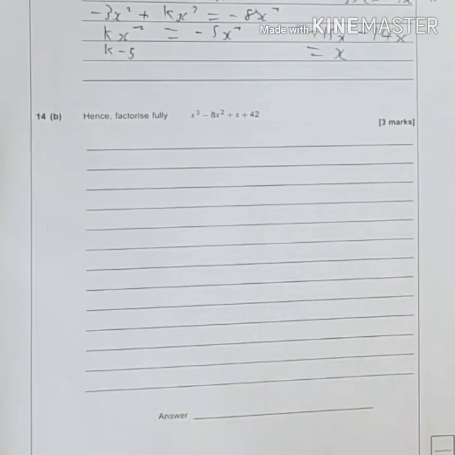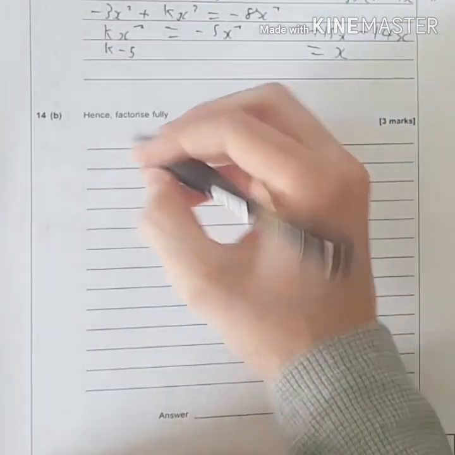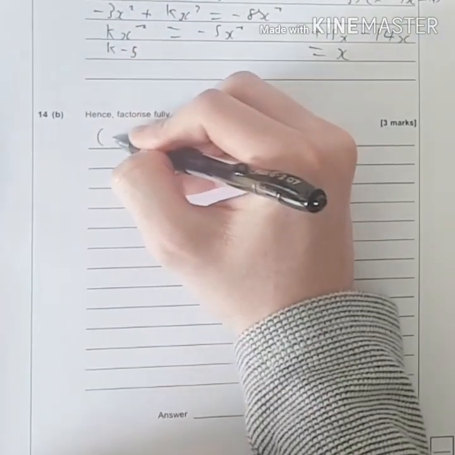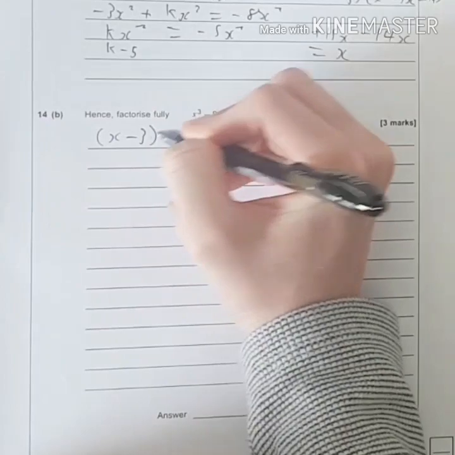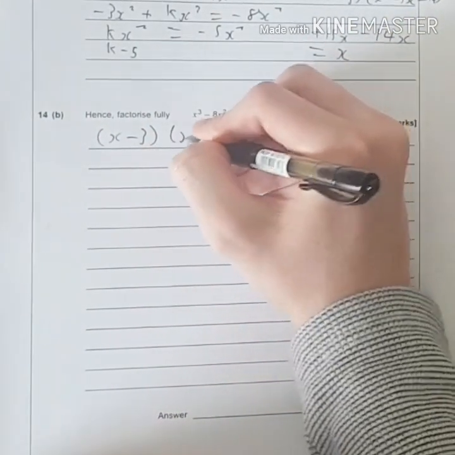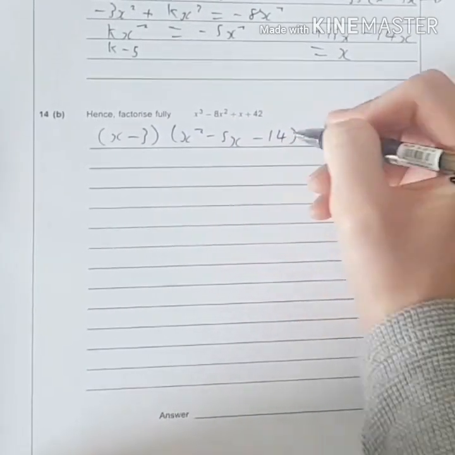And again, so we've already done this, so we need to factorize this fully. So we know that one of the factors is x minus 3, and we've written that this quadratic equation is x squared minus 5x minus 14.